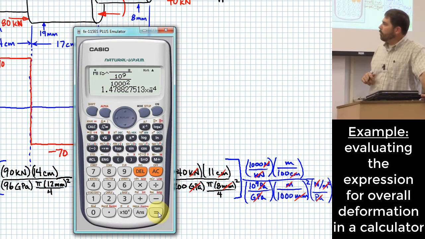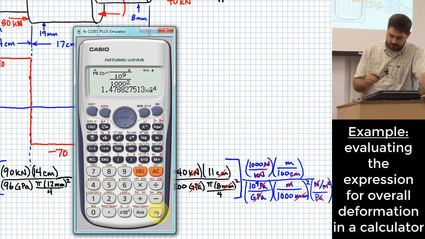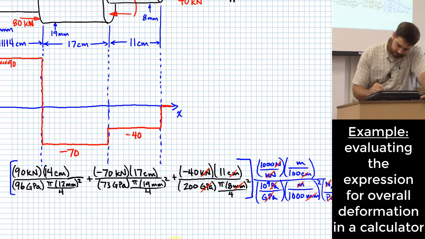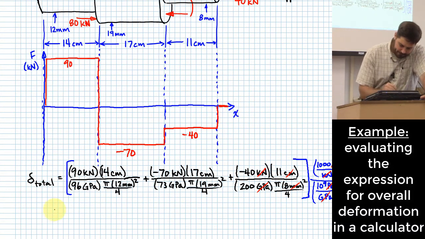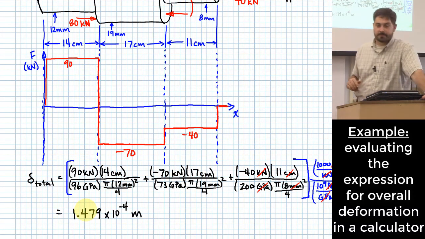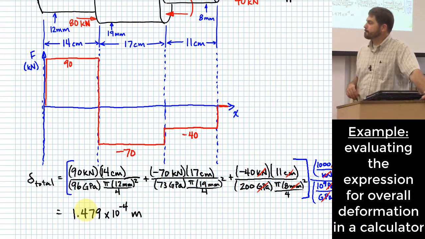And I get 1.479 times 10 to the minus 4th. We said earlier that was going to come out in meters. Okay?